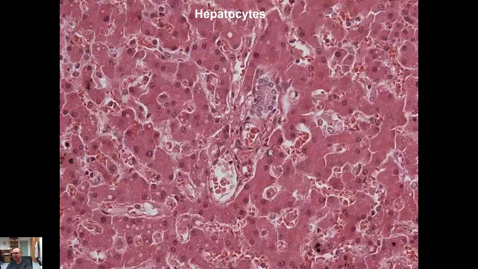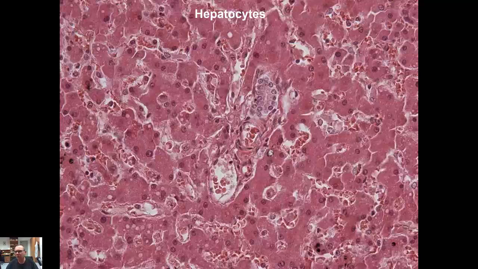Nevertheless, they contain all other organelles. They contain a lot of ribosomes as well, so if they didn't contain so many mitochondria, they would be basophilic, but the enormous number of mitochondria is crucial for the tinction of their cytoplasm.